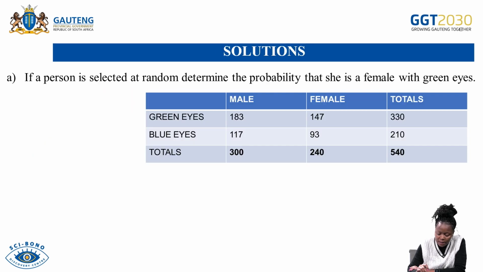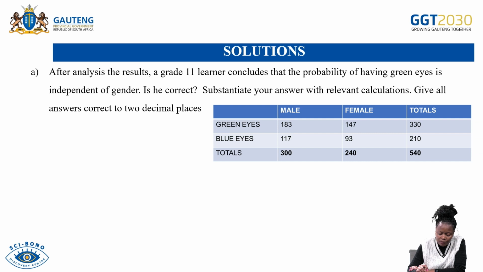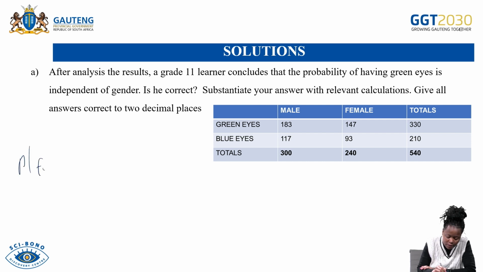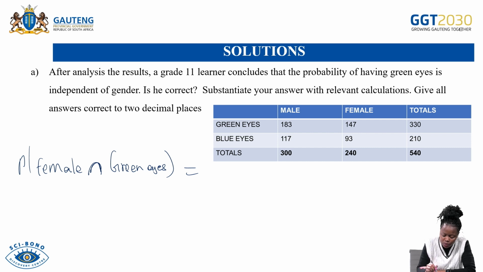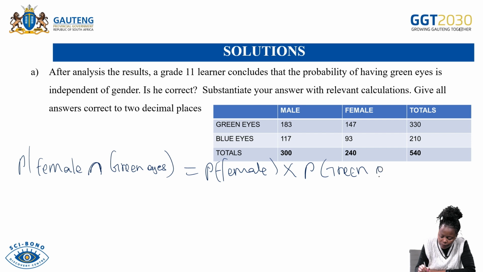So remember we said for events to be independent, you need to say the probability of getting a female intersection with green eyes needs to be equal to the probability of females times the probability of green eyes, right?